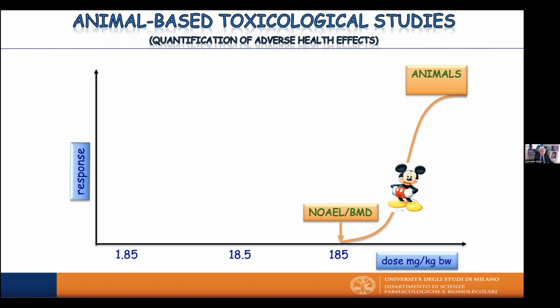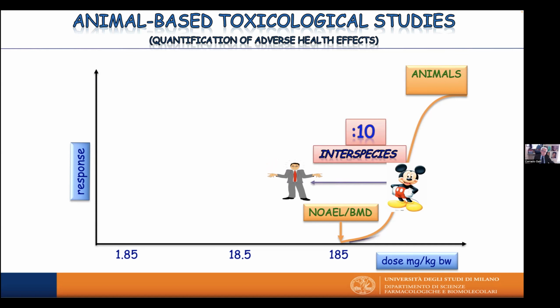I mean, to compare. If you have an effect after the administration of your chemical, then you start from your yellow benchmark dose, and then from the animals you use what is called a safety factor or uncertainty factor. It depends where you live, and then the first factor is interspecies.